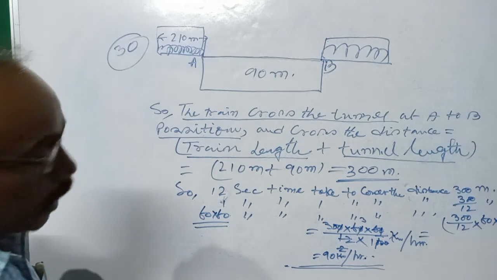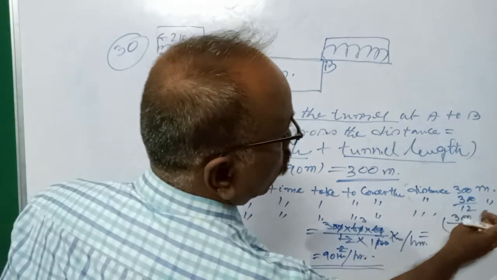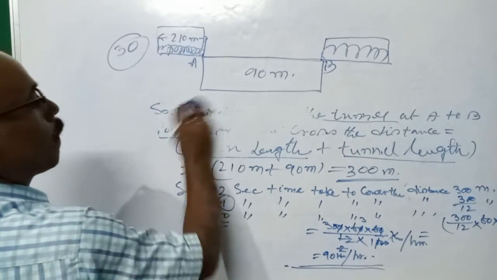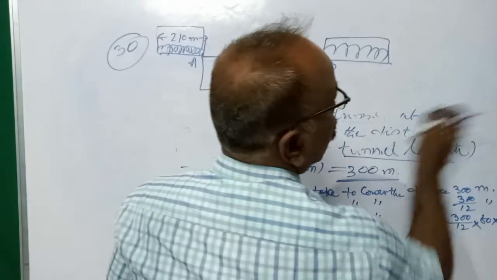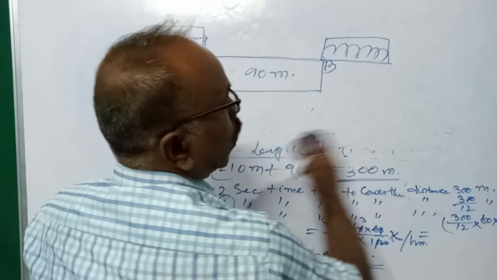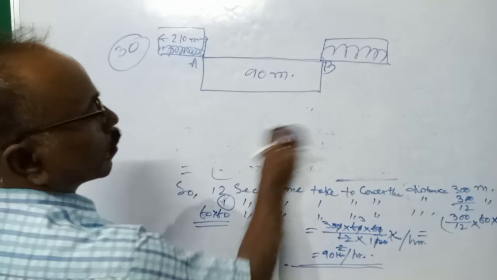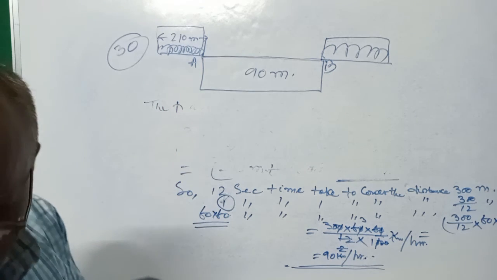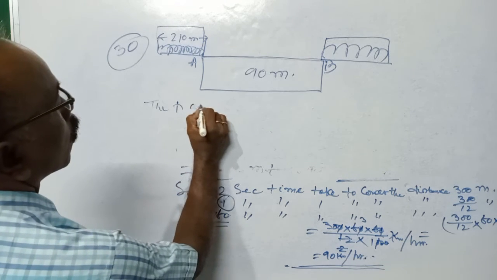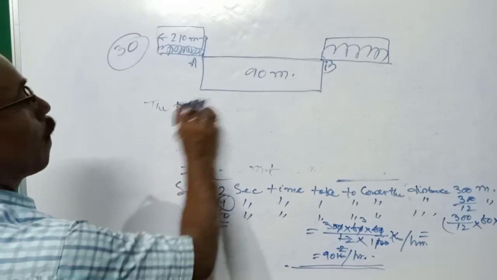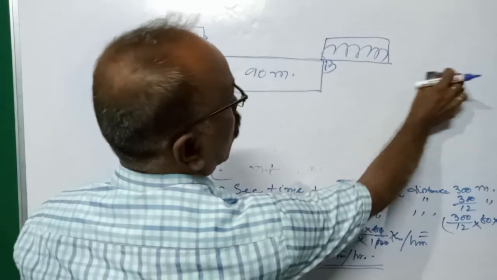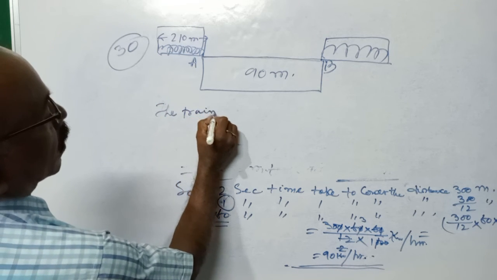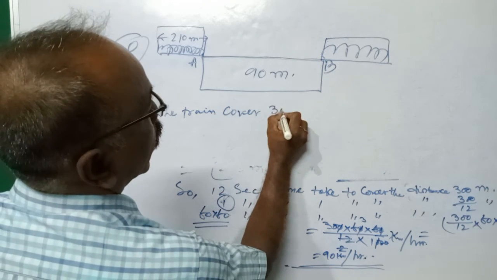My dear student, in 1 second the train covers the distance 300 by 12 meter.